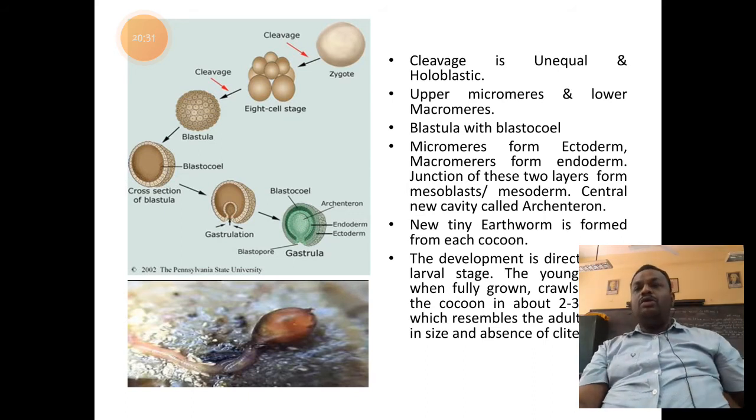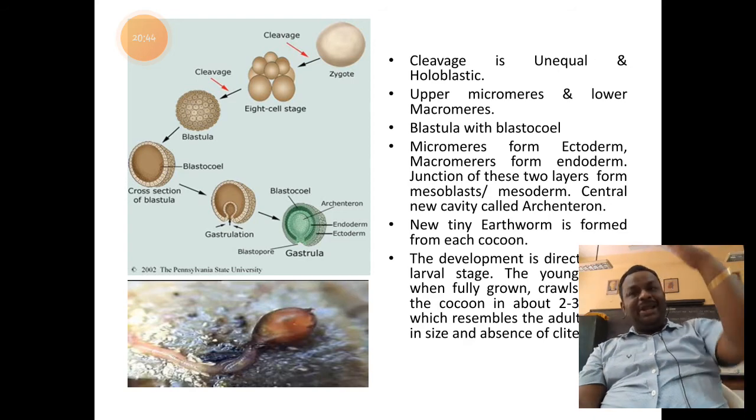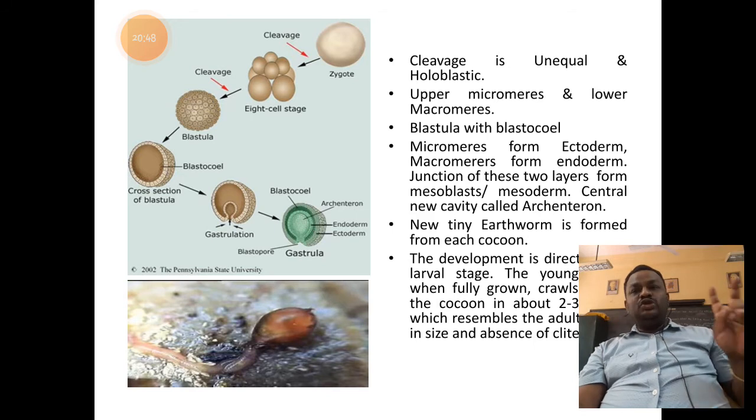Holoblastic means, holo refers to complete division. Blasto refers to the division to form the cells, daughter cells. So, holoblastic means complete division of cells. Students, remember these two terms here, cleavage is unequal and holoblastic.